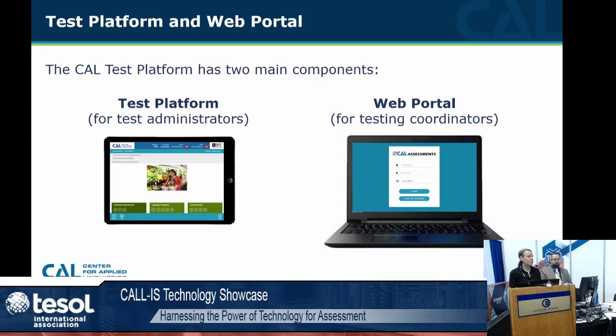And there's two main components to the CalTest platform. One is called the actual test platform, the other is called the web portal. The CalTest platform that you see here on the left can be used on tablets, on desktop computers, or on laptops. And this is for test administrators who are working one-on-one with examinees or who are doing the observational assessment.